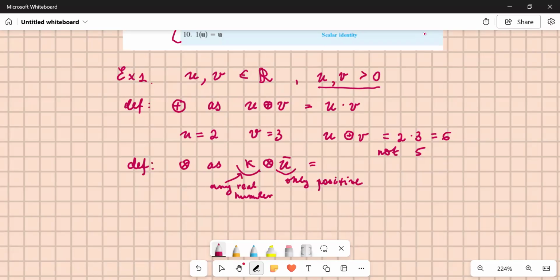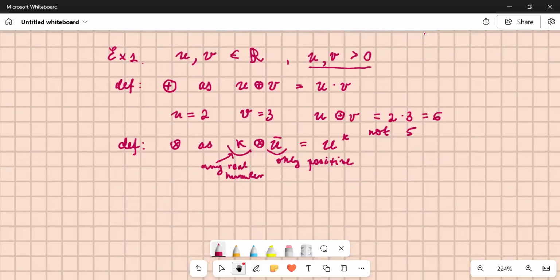So how do I define this multiplication? Of course, expect something tricky from me. I'm going to define it as u to the power of k. Let me show you how it's going to work as an example. For example, my k equals 2, my u equals 3. So what is going to be k multiplied by u?